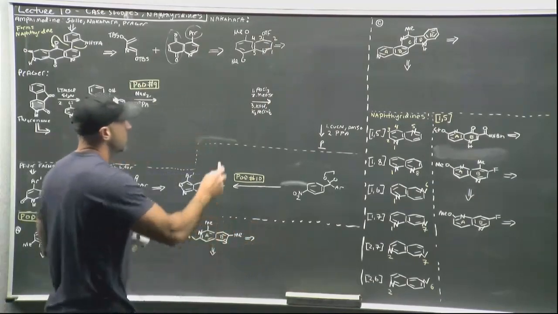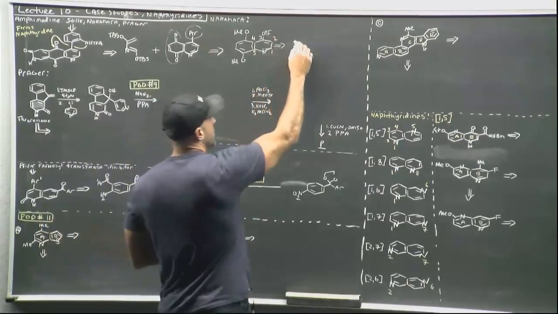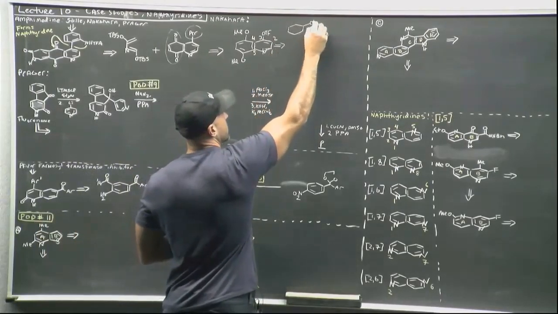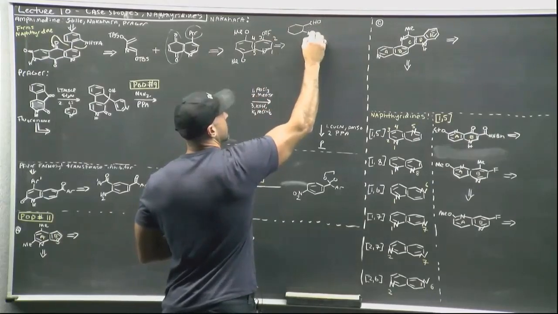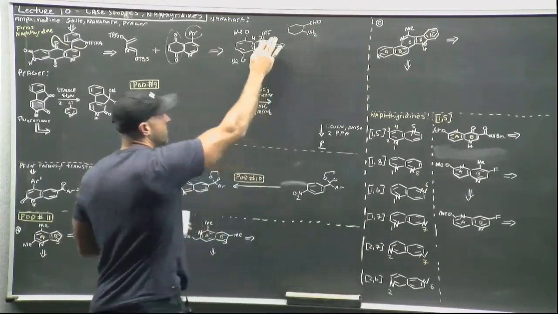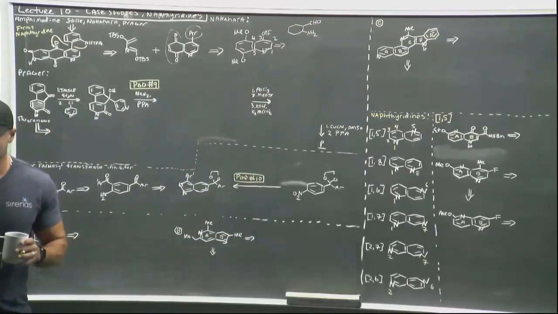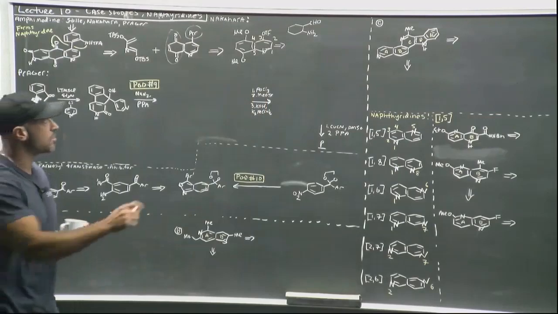Well, but, in order to do the Friedlander, so if we make that disconnection, it's going to end up at something that looks like this. Correct? Yes. And even if you were to get simple acetaldehyde, which we talked about yesterday is probably not a good Friedlander substrate, even if you were to get that to go in, you're missing your functionalization here.